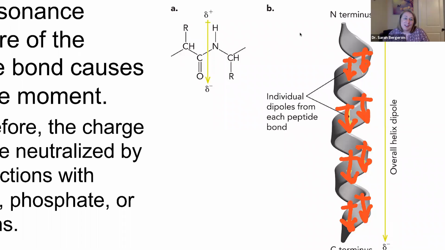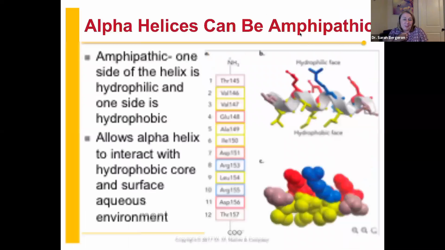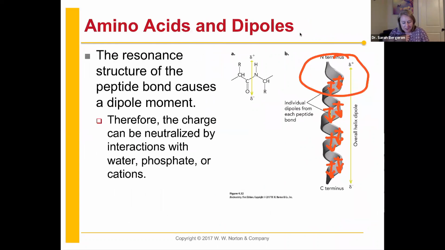So what you'll see a lot of times is that this charge separation, where you have a partial positive charge on one end and a partial negative charge on the other end, is stabilized by compensating charged amino acids at either end of the helix, right? Sometimes at the amino terminus you're going to see charged amino acids like aspartate and glutamate, which are negatively charged, to balance out that positive.